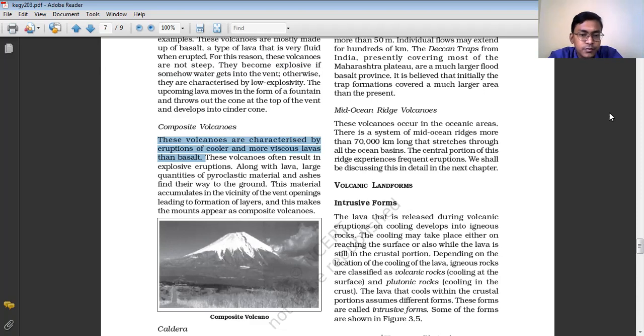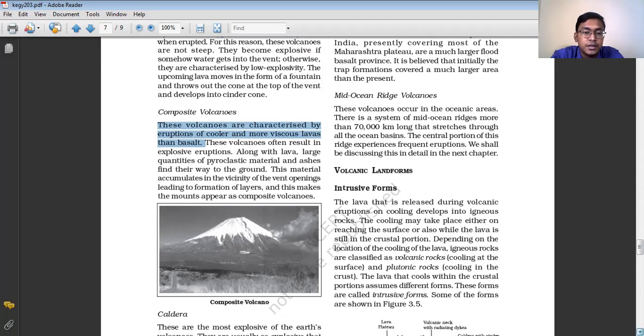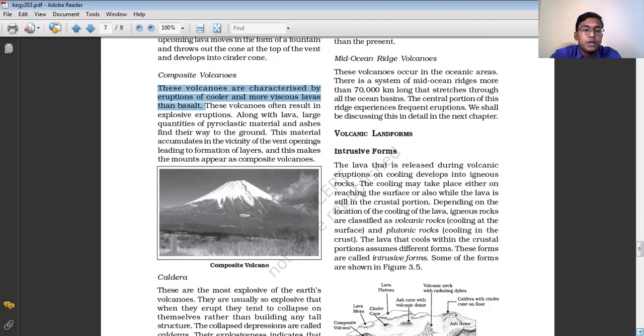These materials accumulate in the vicinity of the vent opening, leading to the formation of layers. Because the lava is very viscous in nature, it is thicker and the density is more, so it cannot cover a large area.